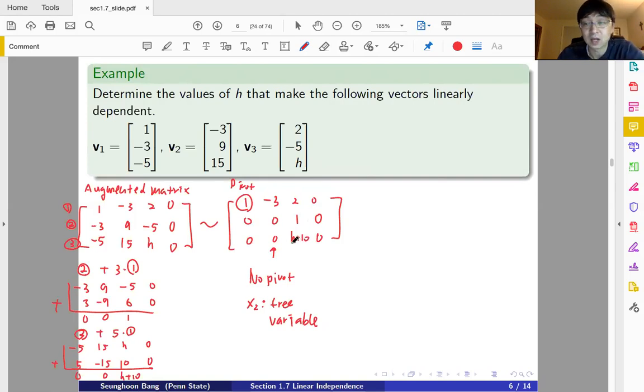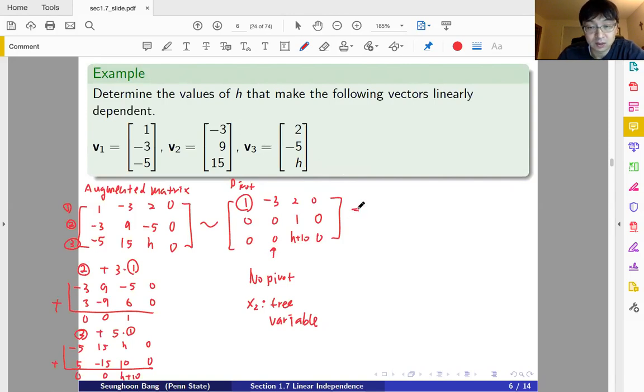So what is the answer? This homogeneous equation has a free variable for any h, independent of h values, right? h like 10, -10, 1, 5, 6, any number. There is always no pivot in the second column.